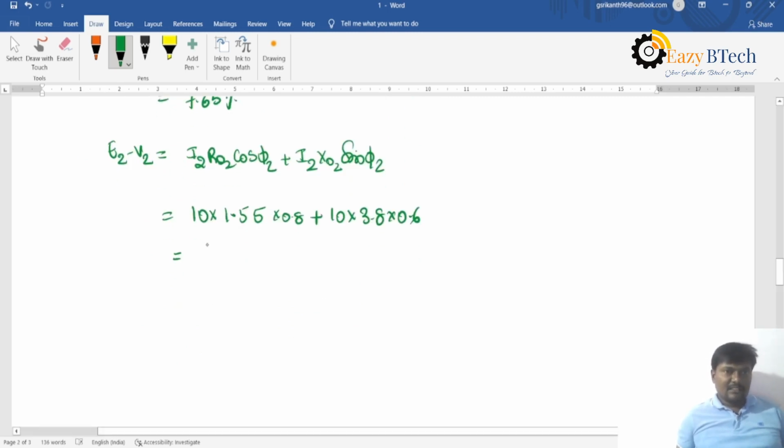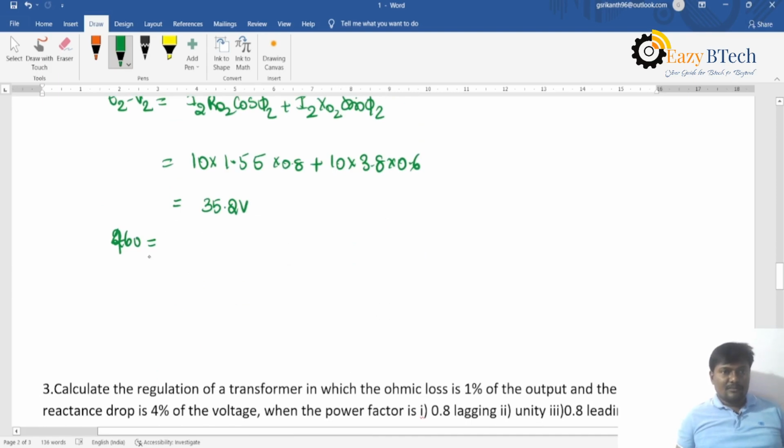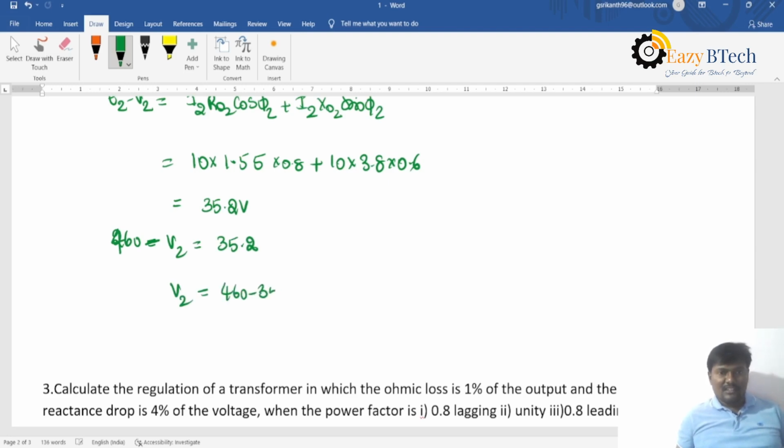Then I am getting the drop as 35.2 volts. We know that E2 is 460, minus V2 is equal to 35.2. Then V2 is equal to 460 minus 35.2. Finally I got the answer 424.8 volts.